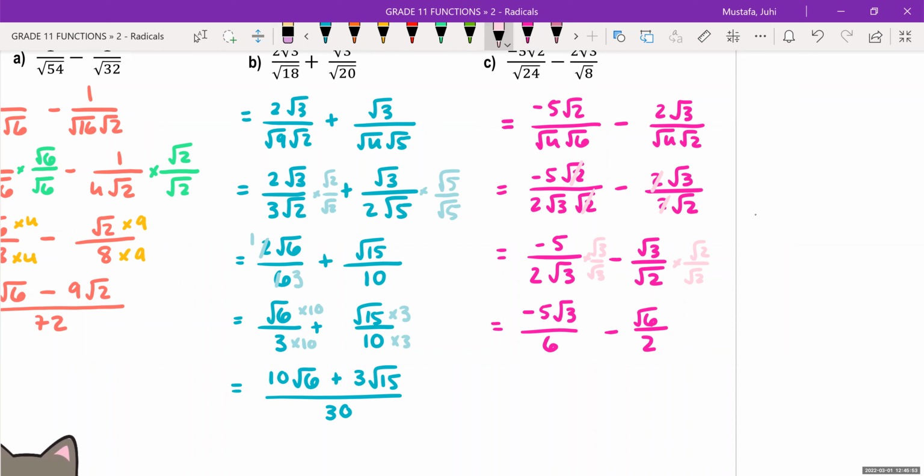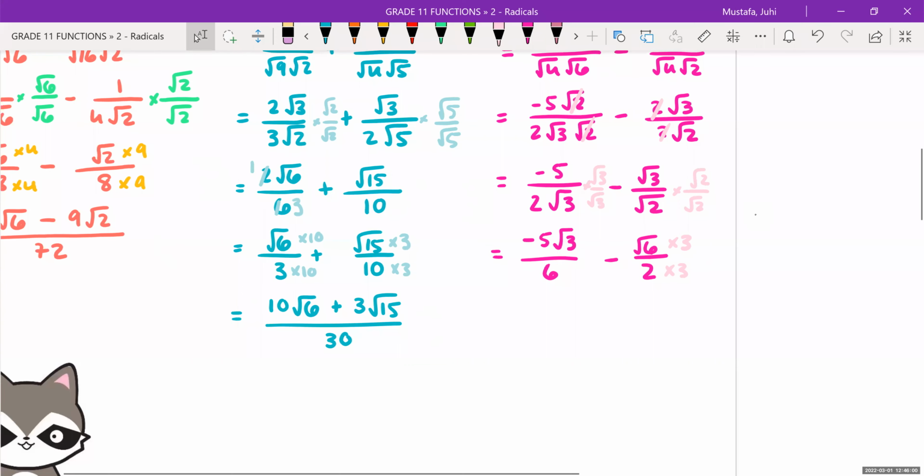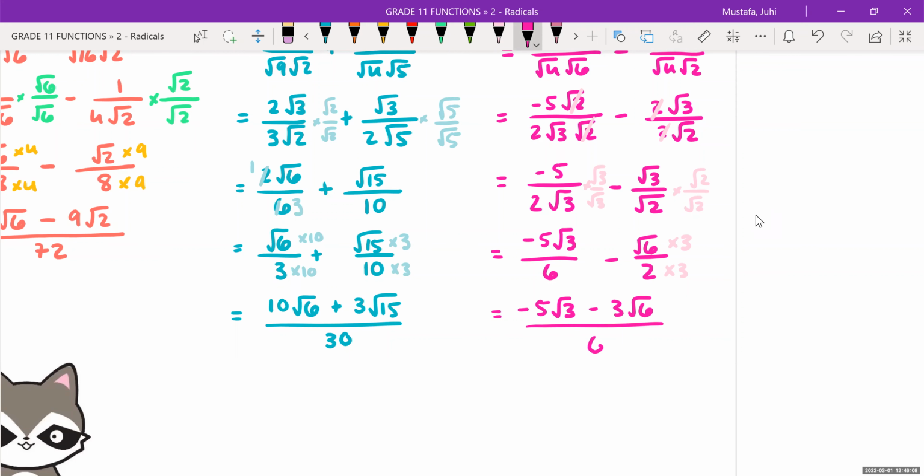This one's really easy. All we have to do is multiply the second fraction by 3. And we end up getting -5 root 3 minus 3 root 6 all over 6.